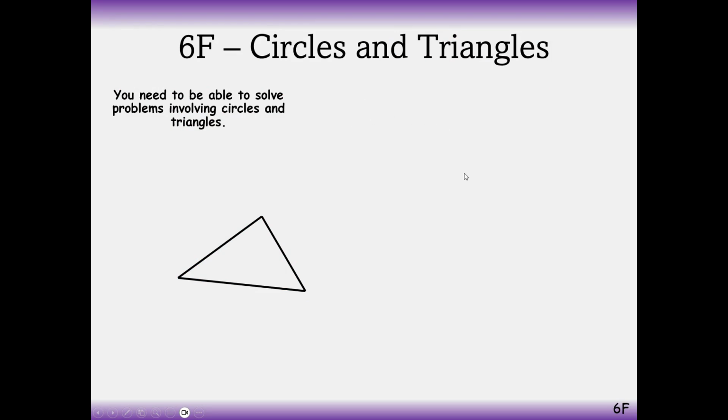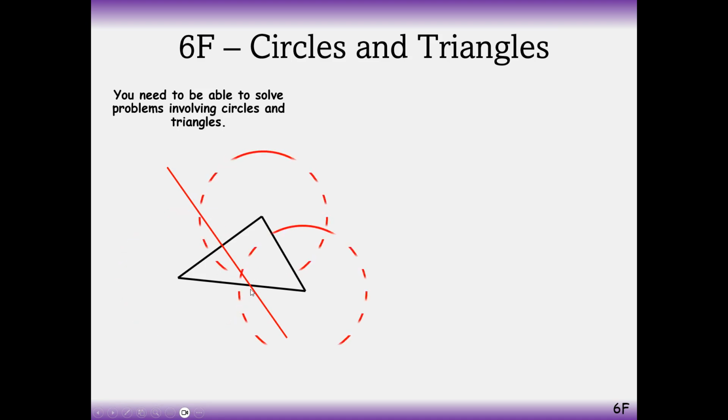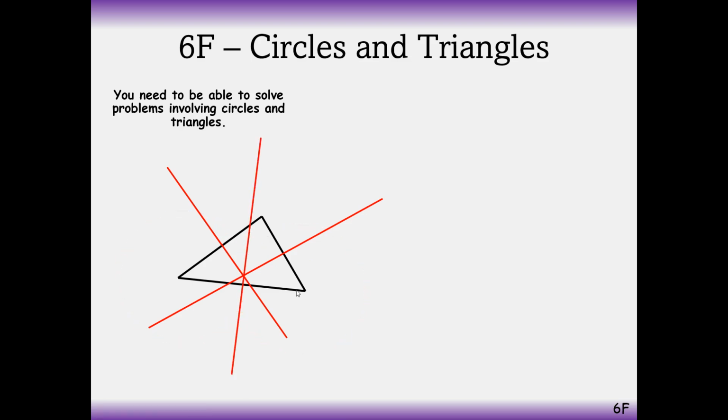6F. If we have a triangle here, and we bisect each of the sides of the triangle and draw the perpendicular bisector to each side, which you should have learned at GCSE level, what you notice is that these perpendicular bisectors all meet at one point.